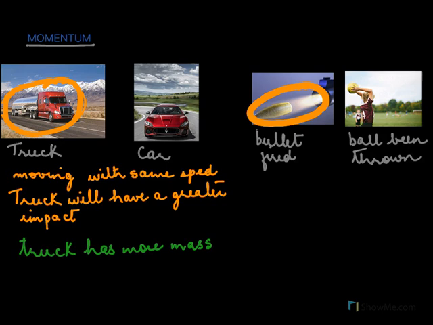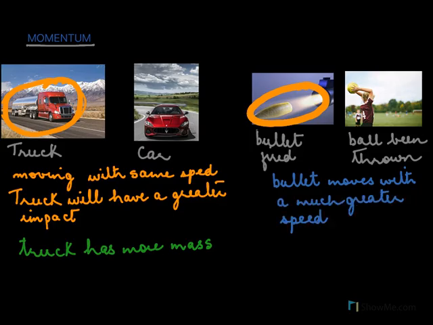Now, although the bullet has less mass, why is it creating a greater impact than the ball? Because the bullet is moving with a greater speed. The bullet moves with a much greater speed, hence creates more impact.